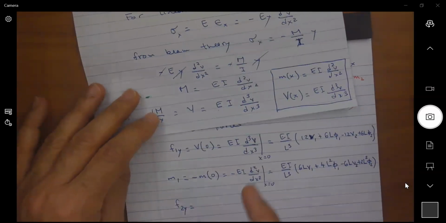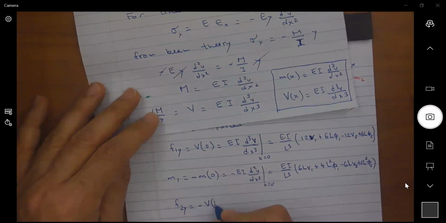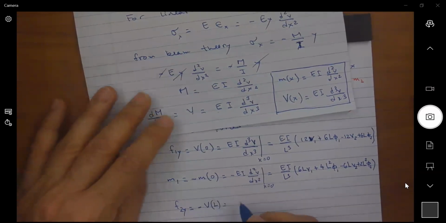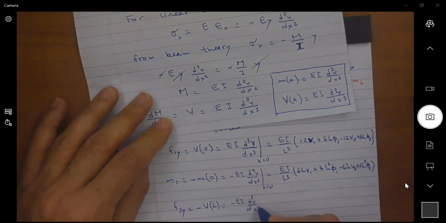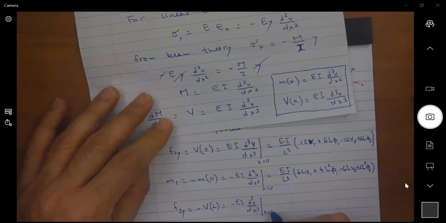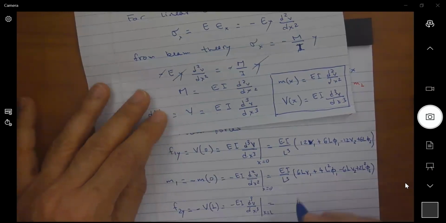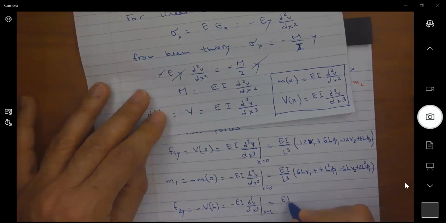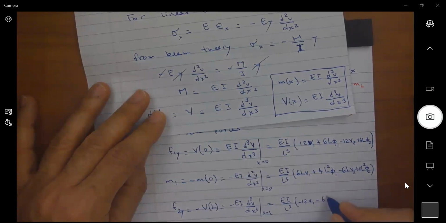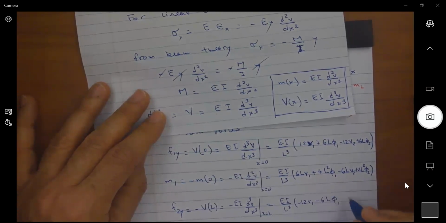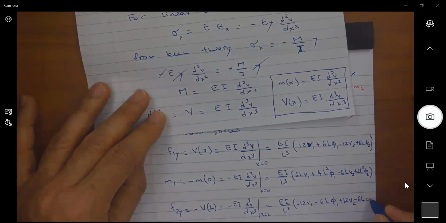So I'm going to say minus V of L, which is equal to minus EI d3V by dx cubed evaluated at x equal L. And I get here an EI over L cubed multiplied by minus 12 V1 minus 6 L V1 plus 12 V2 minus 6 L V2.